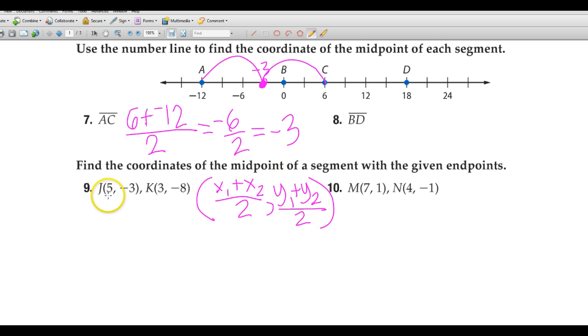All you're going to do is add your x coordinates and divide by 2, and add your y coordinates and divide by 2.